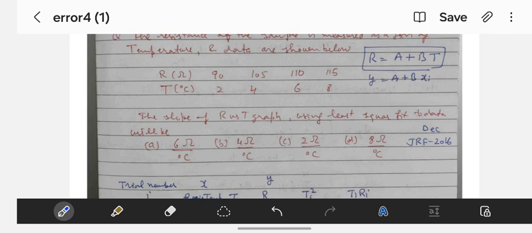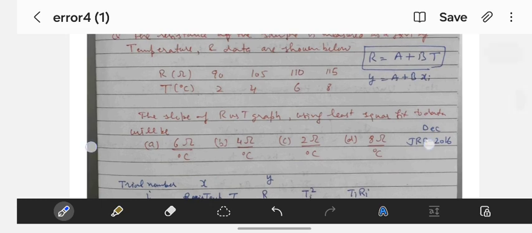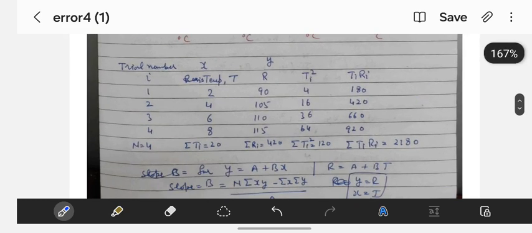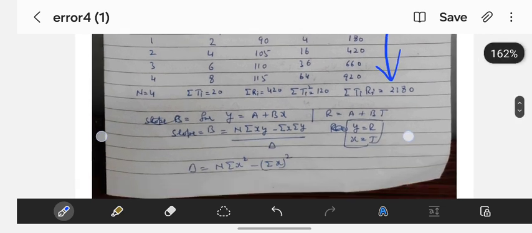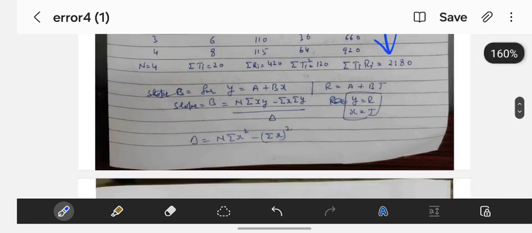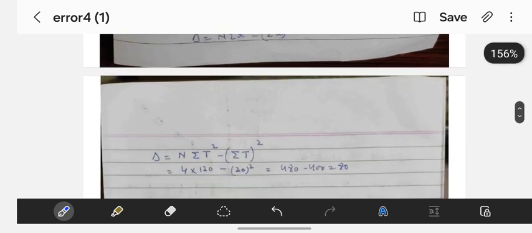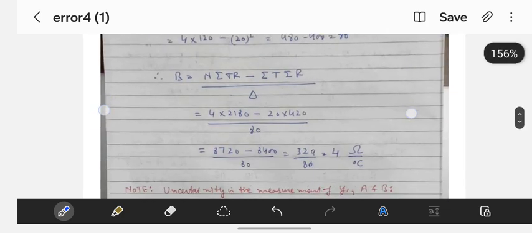So we need to fit this curve, so we'll use the same formula. Here R is the dependent variable on T, so T will be x, R equal to a plus bT. Okay, now we just need to find the a and b. We made this table, and we take all the sums. We find the delta. We find sigma x, sigma y, sigma x square, and all. Just substitute them and get the answer.